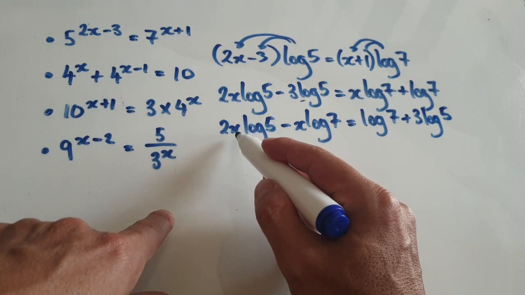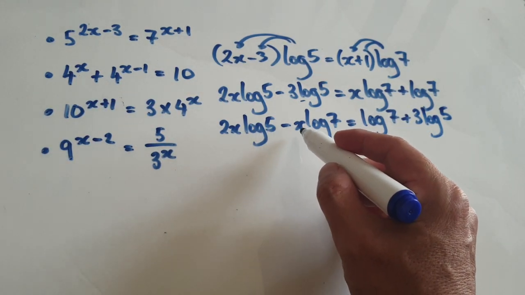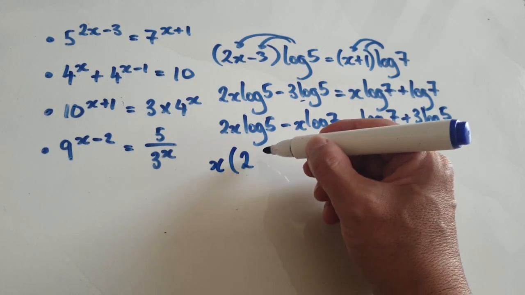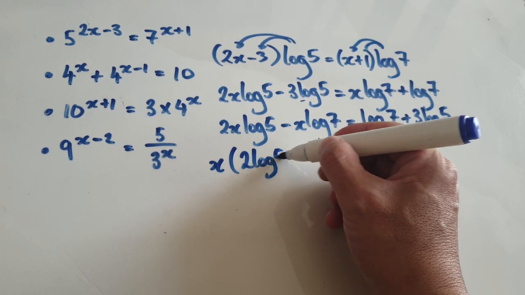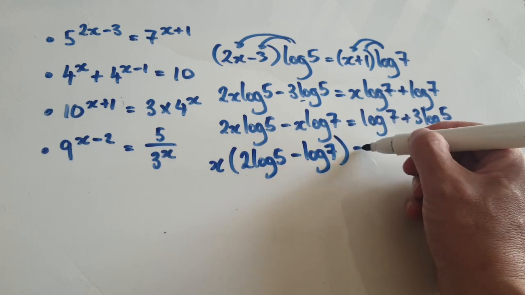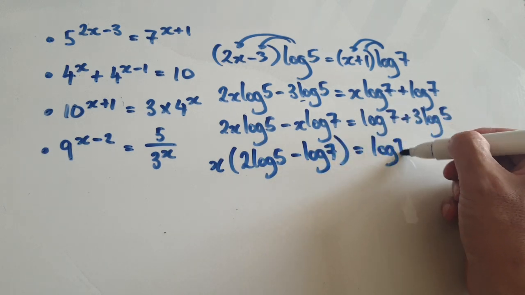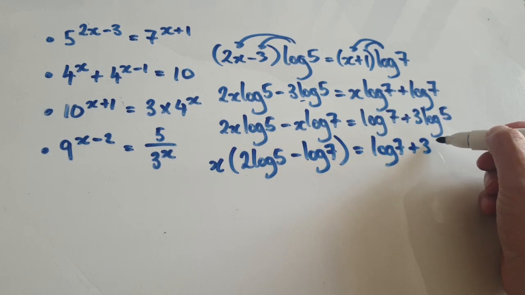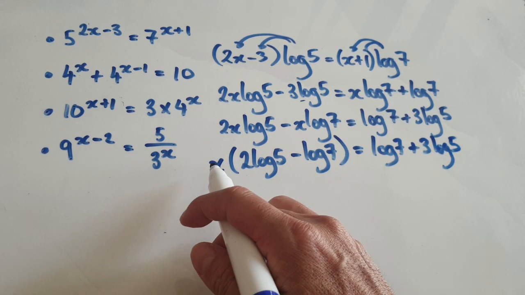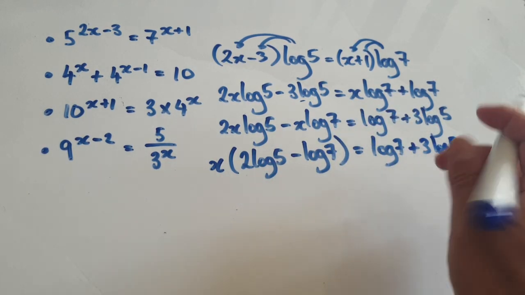So now x is in common, factorize out the x, so x bracket 2 log 5 minus log 7 equals log 7 plus 3 log 5. We want to get x on its own, so divide both sides by this thing.